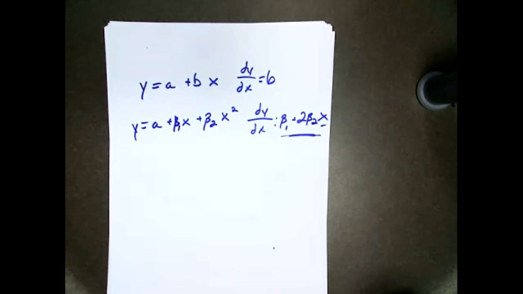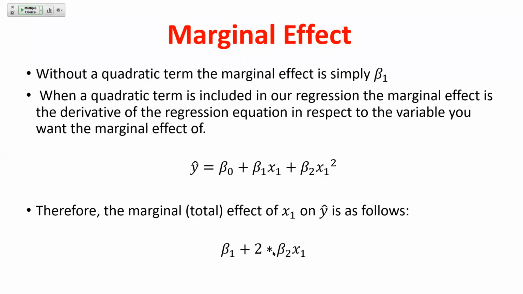So our marginal effect becomes beta 1 plus 2 times beta 2, or the coefficient on that quadratic term, 2 times that coefficient on the quadratic term. And then at different levels of x, the marginal effect of 1 unit changes will be different. Okay? So there's not a universal marginal effect here. Before it was always just the coefficient, right? B or beta 1. Now I'm going to have to map out what the marginal effect of 1 unit changes would look like across all the values of x.